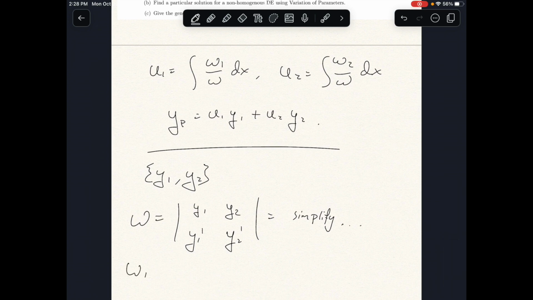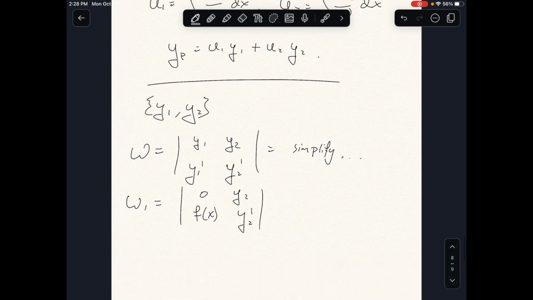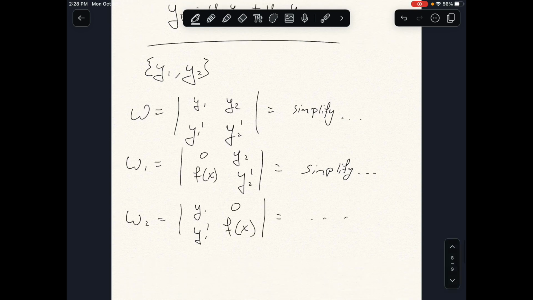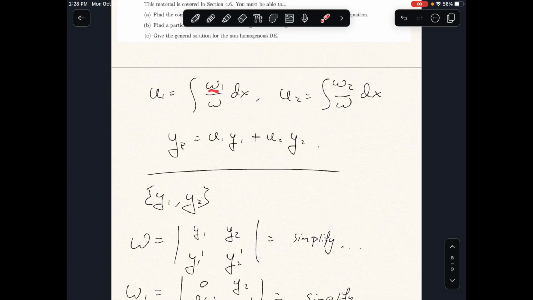W1 is going to be: replace your first column with your answer column, and then of course you'll want to simplify this as well. W2 is: replace column 2 with your answer column, then simplify. And then you're just going to want to put W1 over W into an integral.